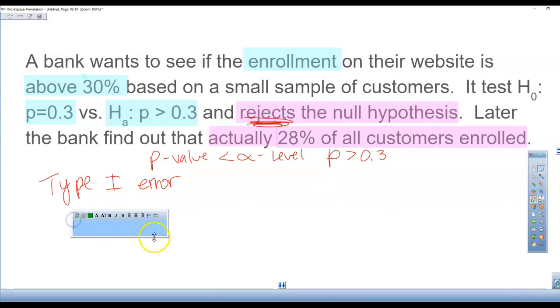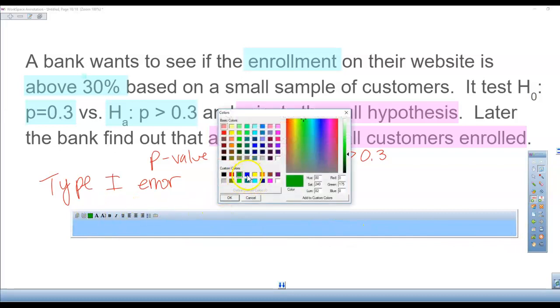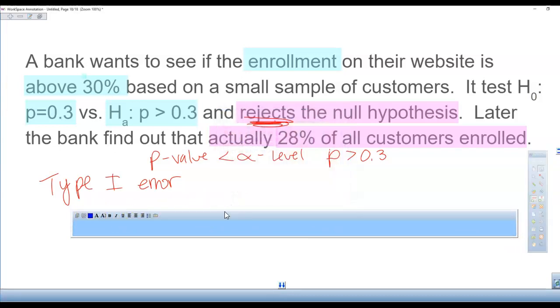So the consequences in real life, because remember, you have to talk about the consequences, could be an example: the bank would spend a lot of money to enhance their website when not that many people are actually using the website.